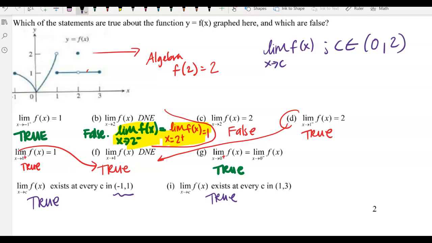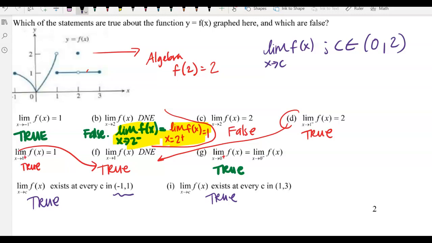What would be the questionable x value that will make this false? Yeah, x at 1 makes this statement false because the left hand is what? 2. The right hand is? They don't match, therefore it doesn't exist when x equals 1. So that makes the whole statement false. Okay? Does that make sense how that goes?